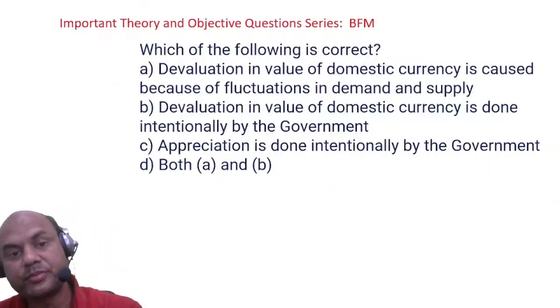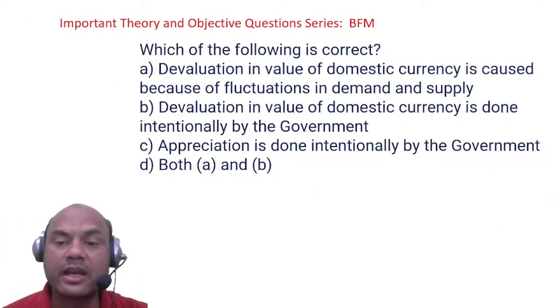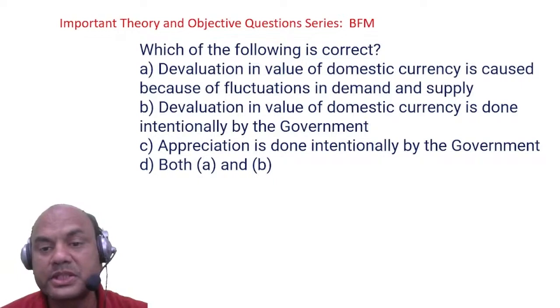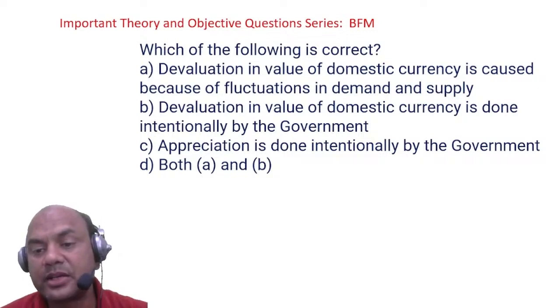Okay. Which of the following is correct? Devaluation in value of the domestic currency is caused due to the fluctuations in demand and supply. Devaluation in the value of the domestic currency is done intentionally by the government. Appreciation is done intentionally by the government.